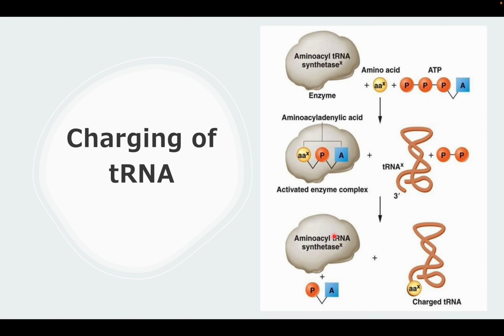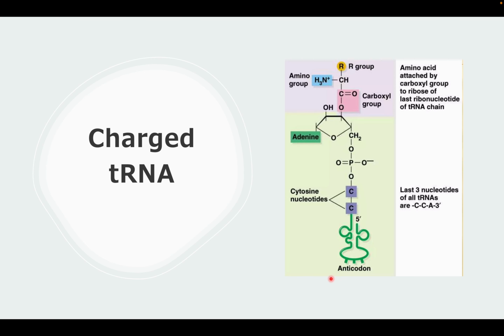So as you can see here, it is attached to the adenine of the tRNA chain, the ribose of the nucleotide of the tRNA chain, by the carboxyl group, and there are always these CC cytosine nucleotides present, and then this loop structure contains the anticodon for mRNA. So this is how the charged tRNA looks.